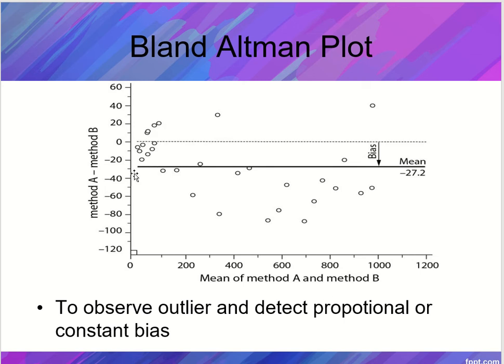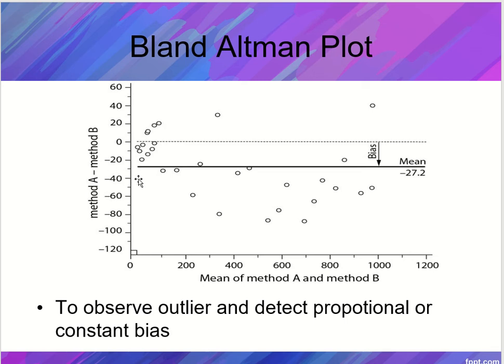From here you can check if there are any outliers. So before you continue to another step of data analysis, you can remove the outlier data first using this Bland-Altman plot, and you can detect if there is any proportional or constant bias.